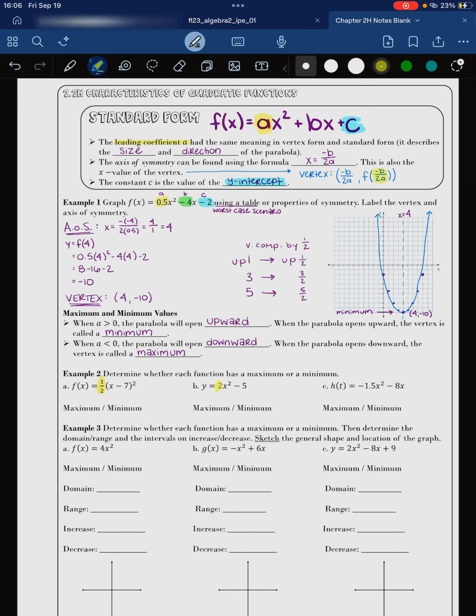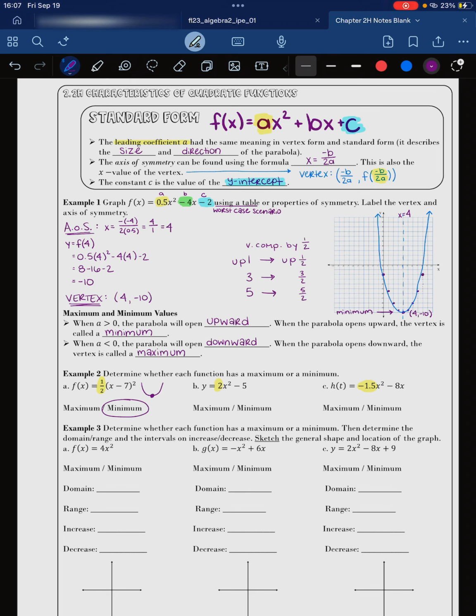So in all of these, I'm just looking at that value of a. And this first example is in vertex form, but like I said, a is the same no matter what form we're looking at. So a is positive, meaning my parabola is going to open upward. And the lowest point is at the bottom. That is definitely going to be a minimum value because that vertex is at the bottom.